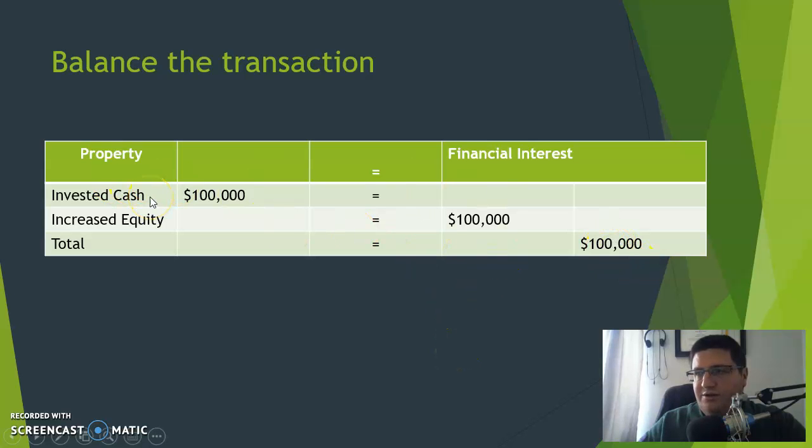But in a basic sense, this is debit, credit. It goes in here. It's got to go somewhere, so he puts it into equity. It sits in equity. He hasn't used any of it yet, so it totals out to $100,000. It's always going to equal.